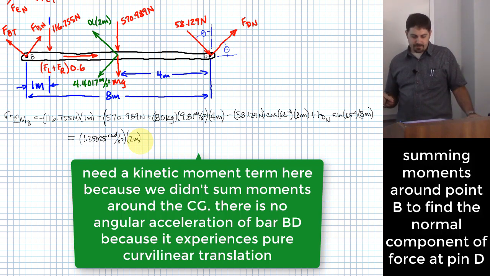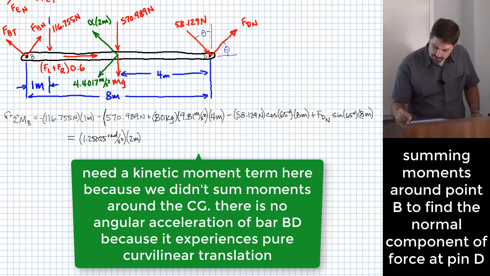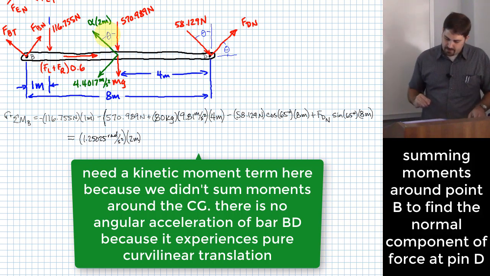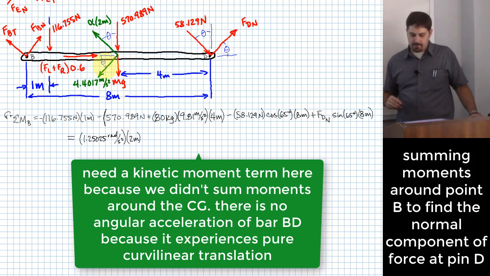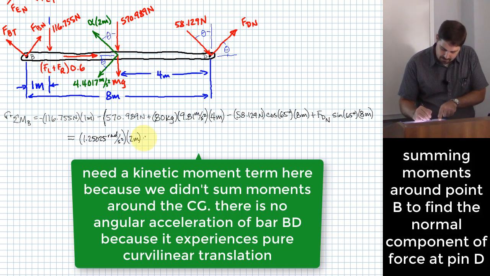The geometry on that is basically the same as what I just identified over here. This is theta right here, and this is theta right here. So if I want just the vertical part of that, I need to multiply it by the cosine of theta.